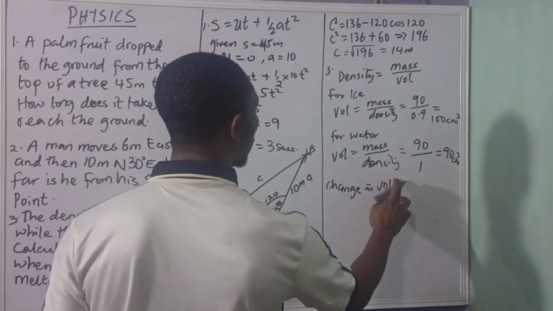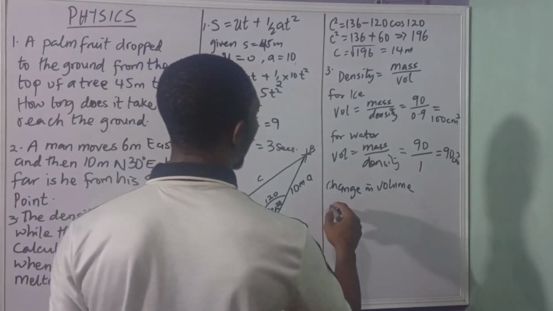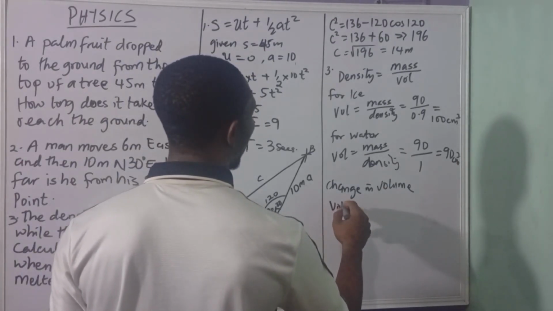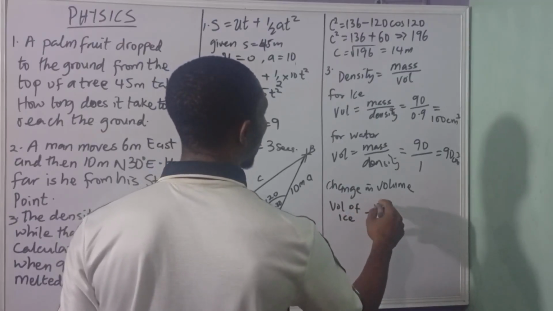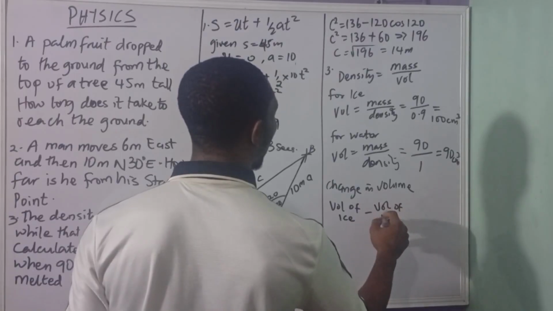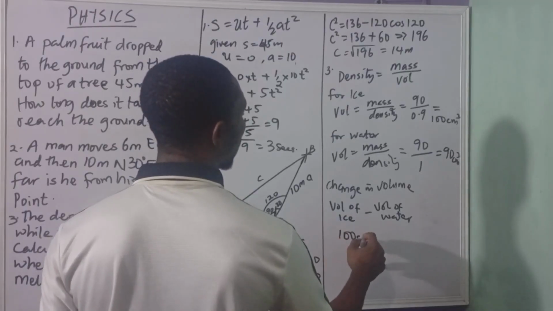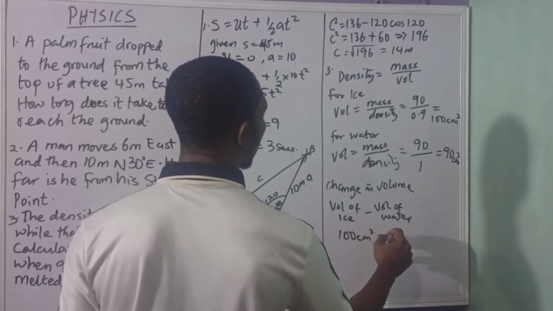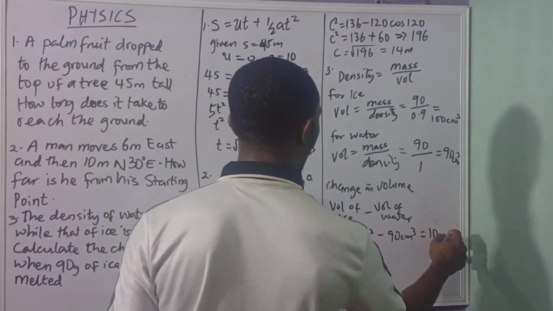Our change in volume will become volume of ice minus volume of water, which is 100 cm cube minus 90 cm cube. So that will give us 10 cm cube.